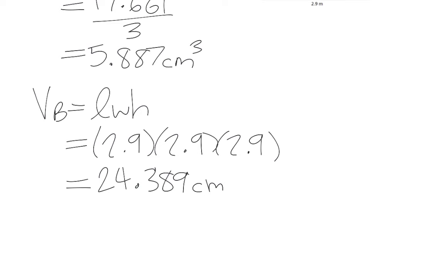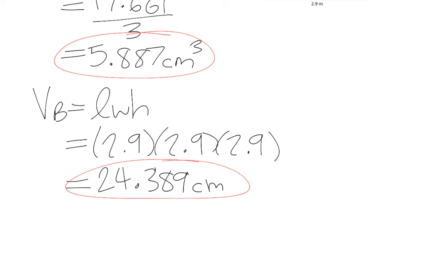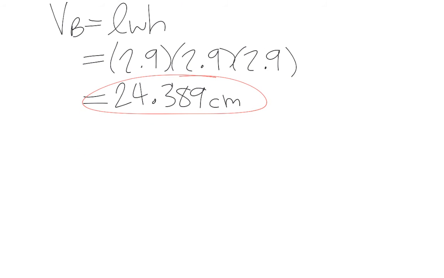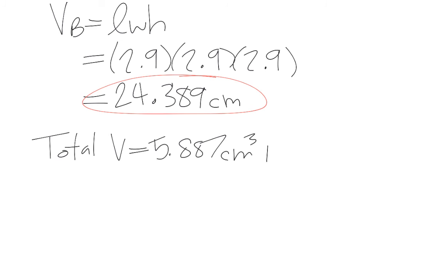However, we are not finished. We need to figure out the total volume of the house, which means we're going to have to take the roof as well as the bottom part of the house and add those numbers together. So let's go ahead and do that. I'm going to write the total volume is equal to 5.887 centimeters cubed plus 24.389 centimeters cubed.